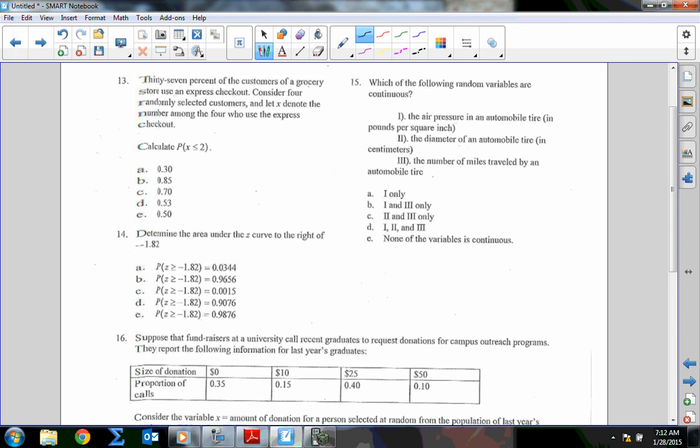There's a fixed number of trials. We're only looking at 4 selected customers. I'm assuming it's independent. So we're going to treat it as a binomial. So the probability of success, or using the express line, is 0.37. And we want to find the probability that X is less than or equal to 2.